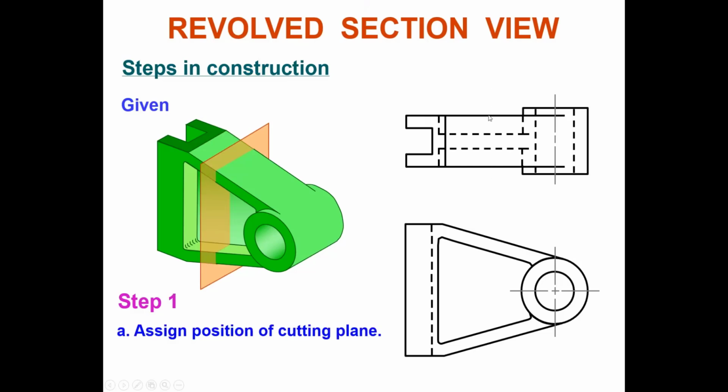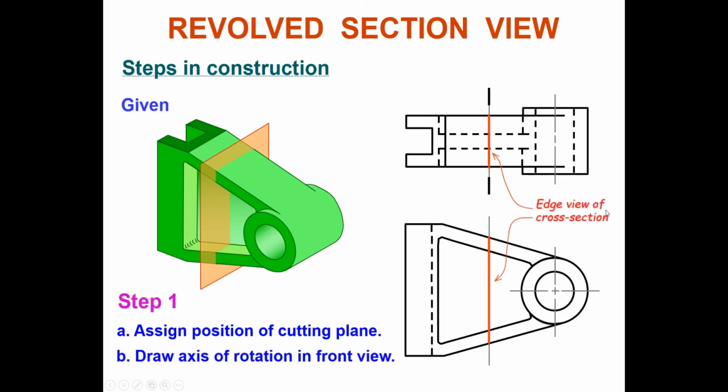In your top view, you have this cutting plane, this straight center line, in this plan view. Then on your front view, draw the axis of rotation. This is the axis of rotation, the position you want to cut. Then you rotate it 90 degrees. That will be the edge view of the cross section.